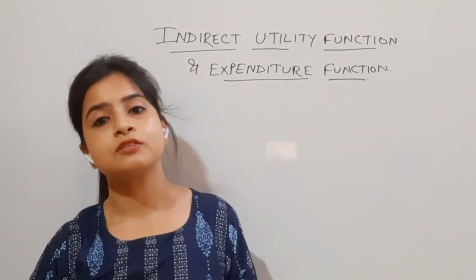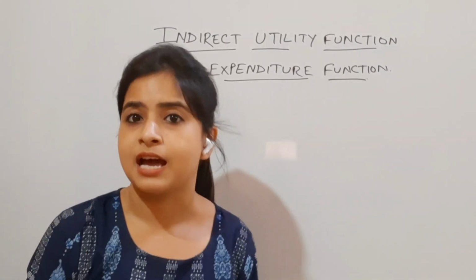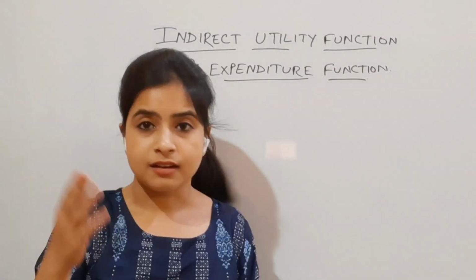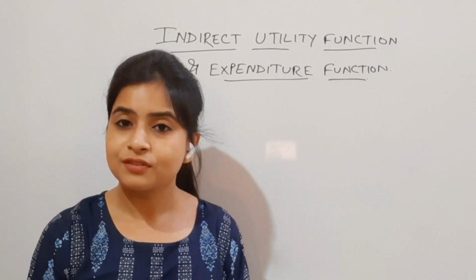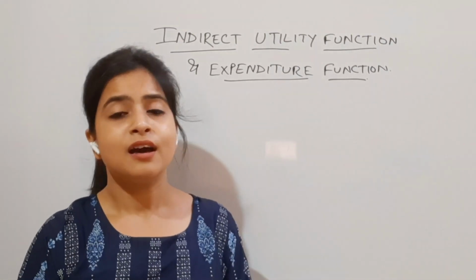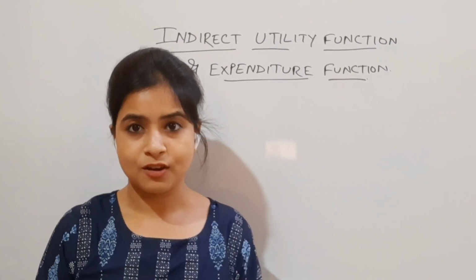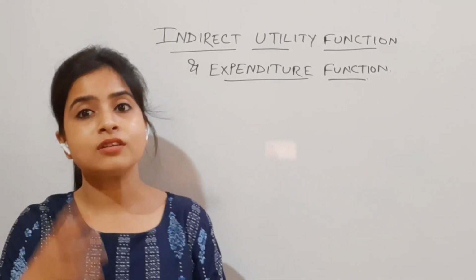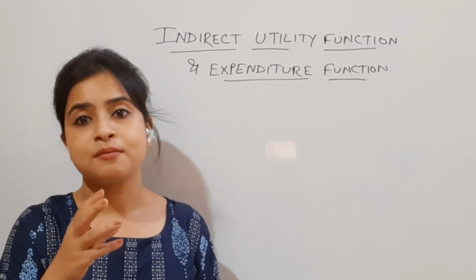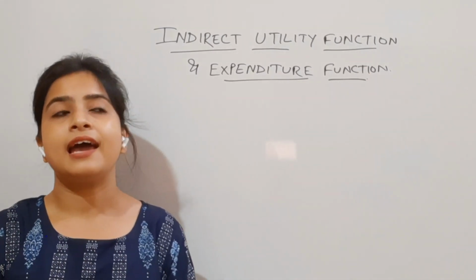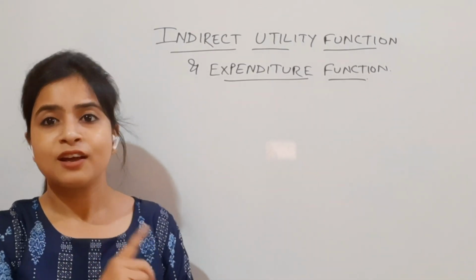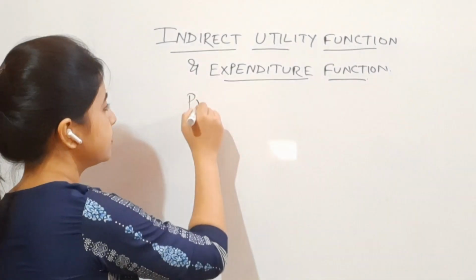Even in the past years of many competitive exams, to name a few, the Indian Economic Services, SEBI, RBI Grade B, DPR, there are many exams which focus on the advanced microeconomics part, and there you have questions related to properties.